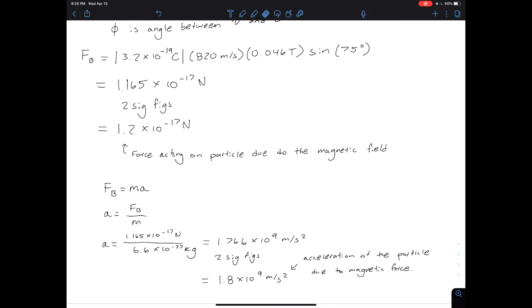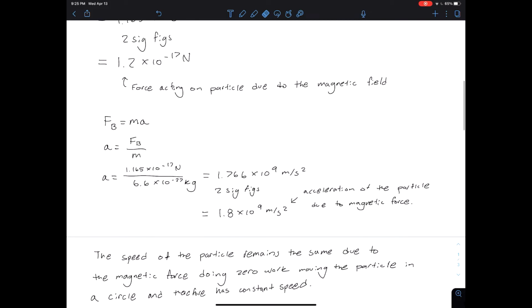And to find the acceleration of the particle due to the magnetic force, we will use Newton's second law. If we rearrange Newton's second law, we can get acceleration by itself: acceleration is equal to the force due to the magnetic field over the mass of the particle.